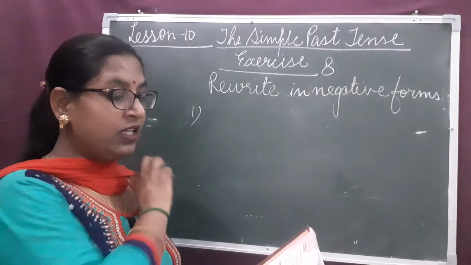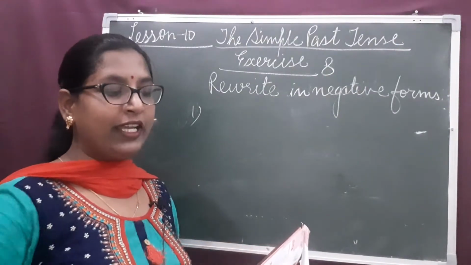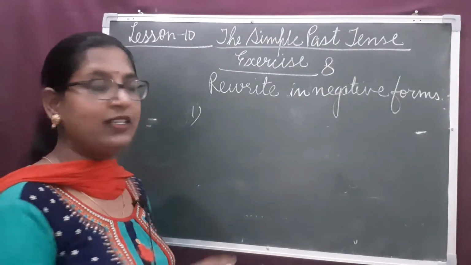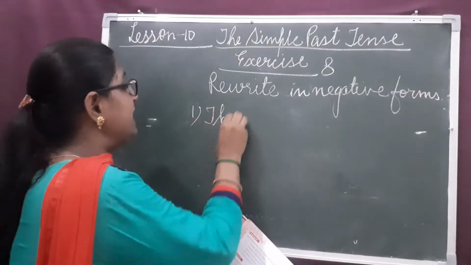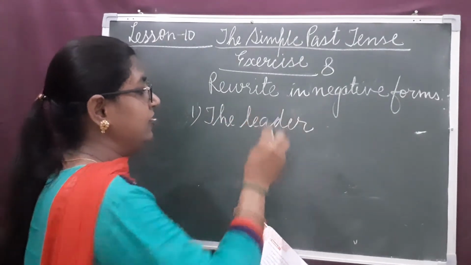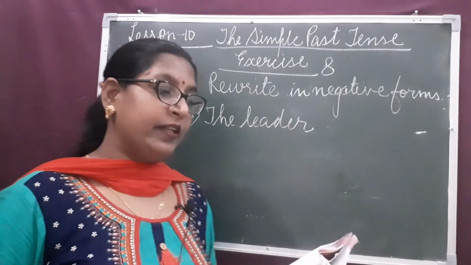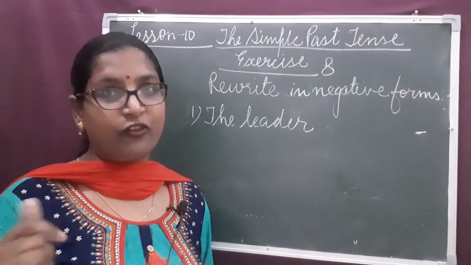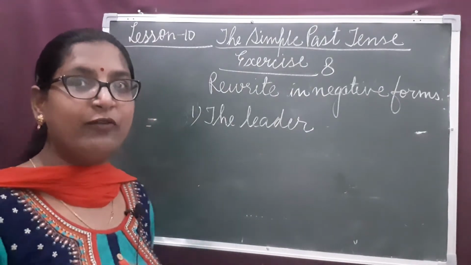Number 1. The leader won by a big margin. What is the subject in this sentence? The leader. After the subject comes the past tense form of the do verb, that is did.